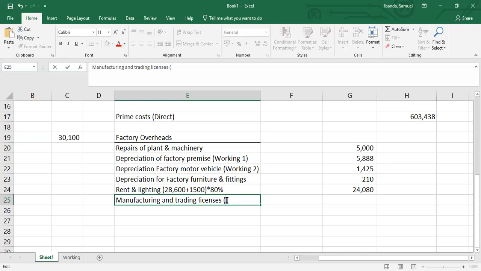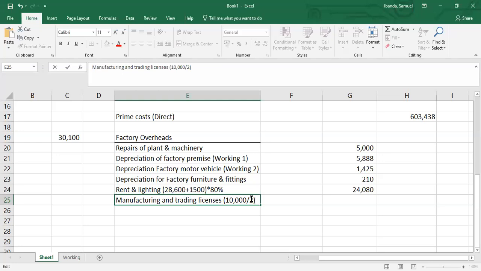I'm going to get 10,000 divided by 2, okay? And you know why I'm dividing by 2? Because it was paid for the whole year, but now I'm getting a portion that relates to the 6 months of this year. So divide it by 2, okay?